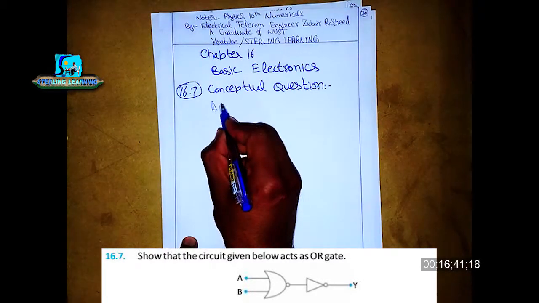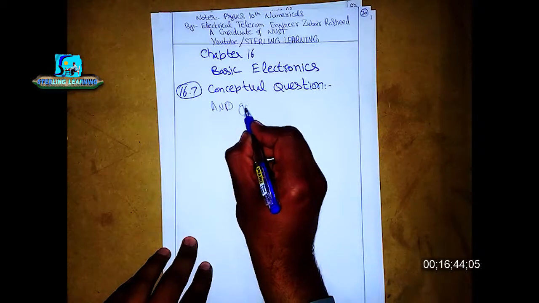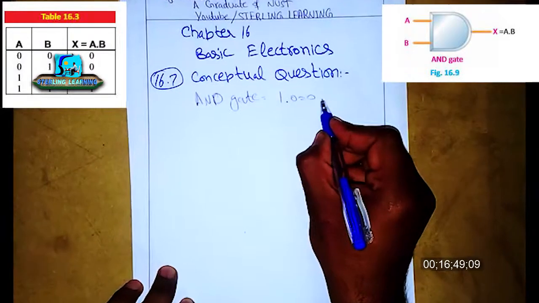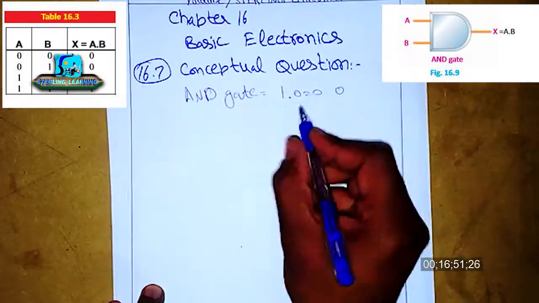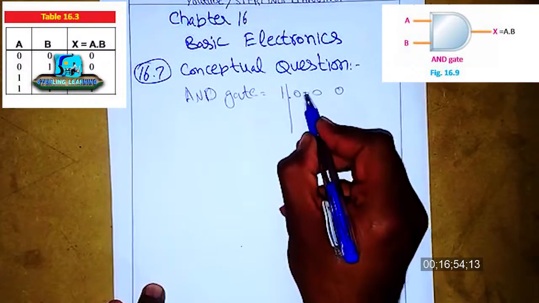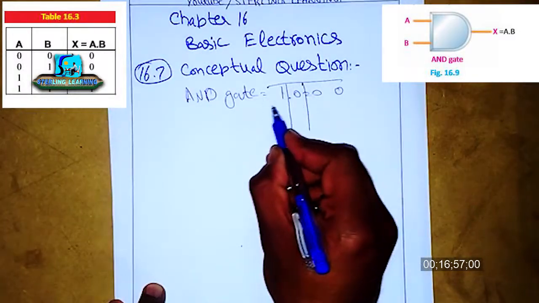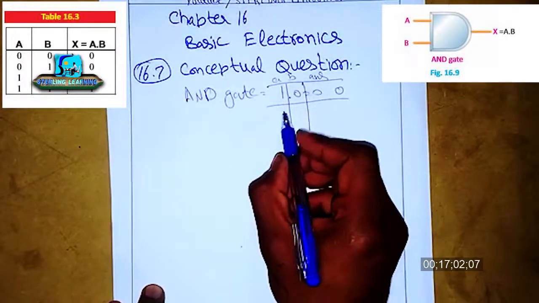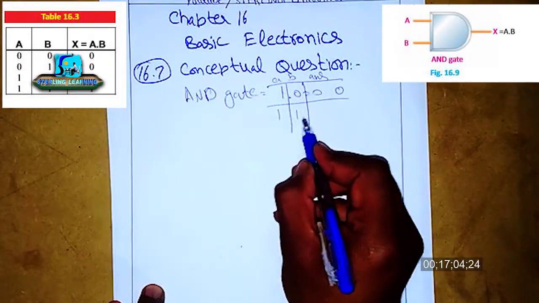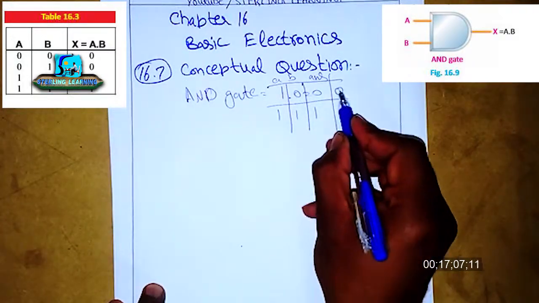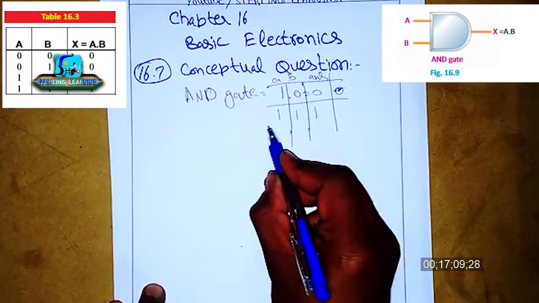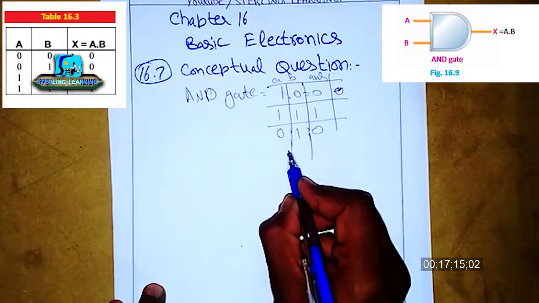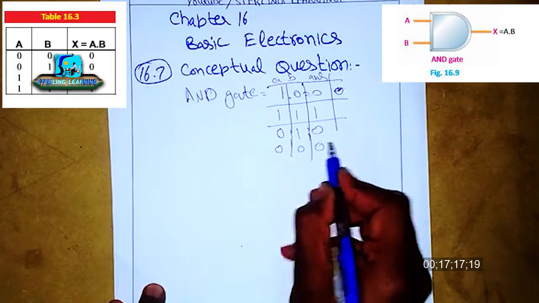One is AND gate. I will make a little table. A, B, and answer. 1 0 is 0, 1 1 is 1, 0 1 is 0, and 0 0 is 0.